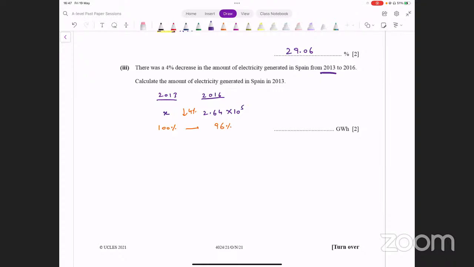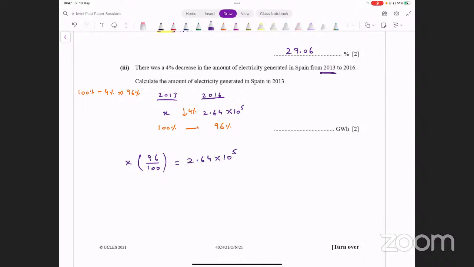Another possibility is, क्योंकि 4% decrease हुआ है, आप कह सकते हैं 100% minus 4%, that is 96%. कि अगर आप x का 96% निकाल लें, which is x into 96 over 100, that should equal 2.64 into 10 raised to power 5. And that should give you the value for x as well.